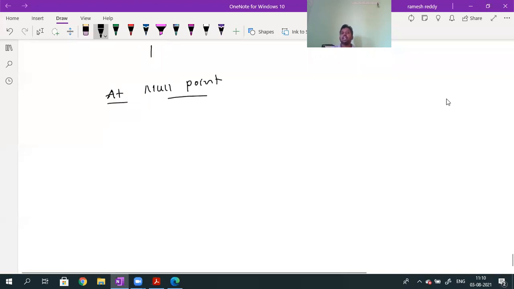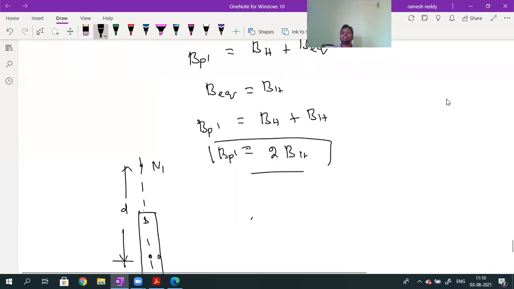Okay, now at the null point, what is the resultant magnetic field? At the null point, the resultant of which one? If this is the null point, what is the horizontal component value? The horizontal component value is given by BH. What is the direction of the horizontal component? Which pole is placed? And what is the direction of the magnetic field induction due to the bar magnet on the axial line, the direction of BA?